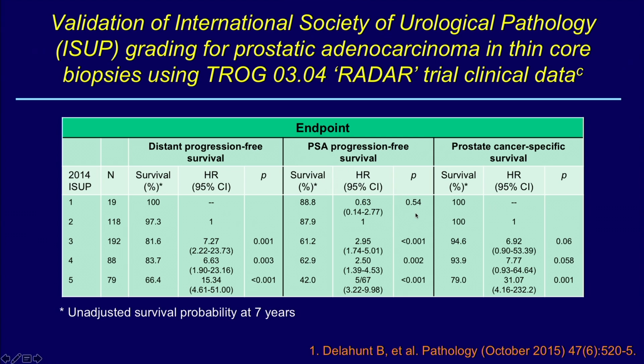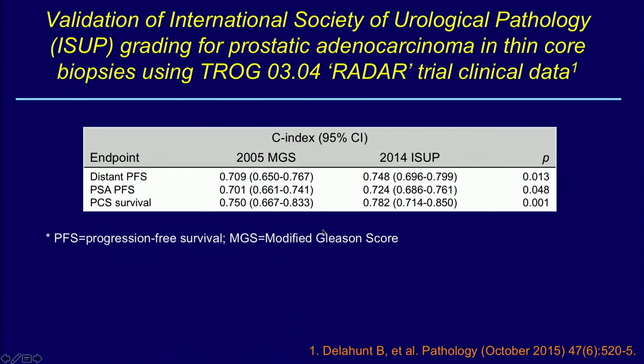This is the RADAR trial, and looked at the ISUP group. And again, they showed that the ISUP grades were important in terms of predicting distant metastases, PSA progression-free survival, and prostate cancer specific mortality. And they went on to actually look at the two modifications. This is the only group that I know that has done this.